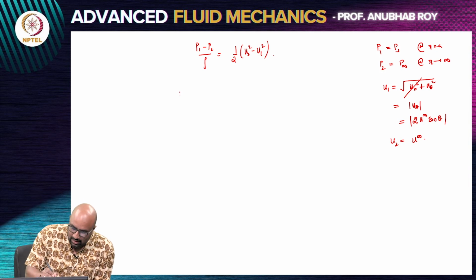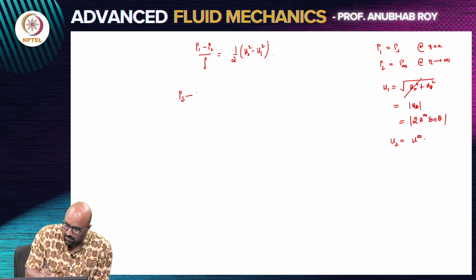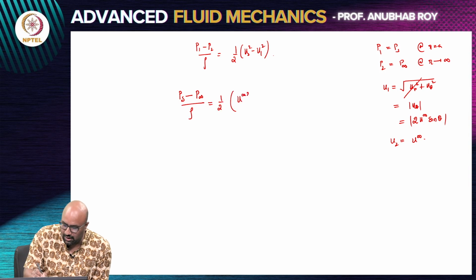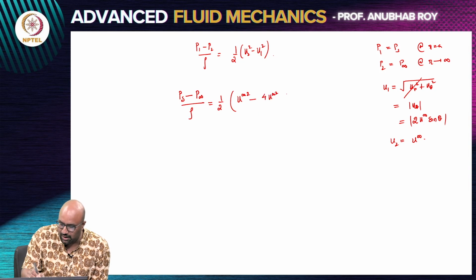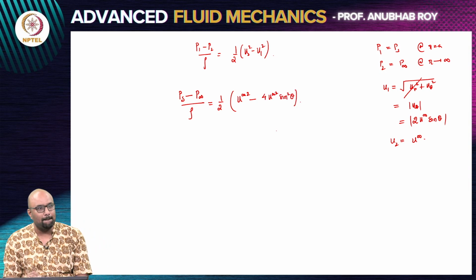So, we are now more or less there to write down the surface pressure as Ps minus P infinity by rho is half of u infinity square minus 4 u infinity square sin square theta.